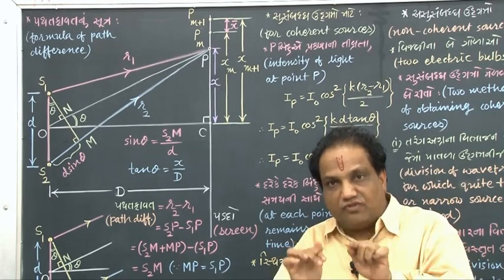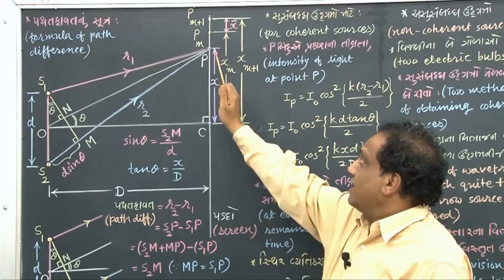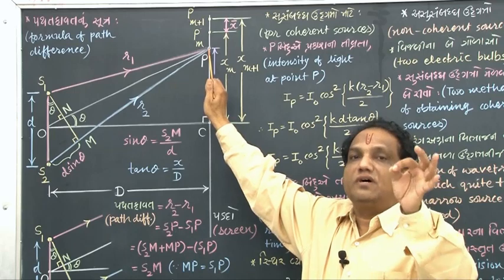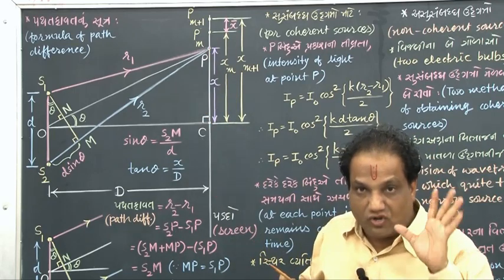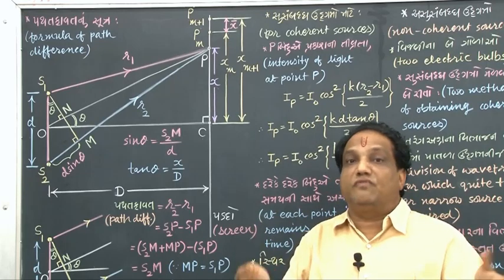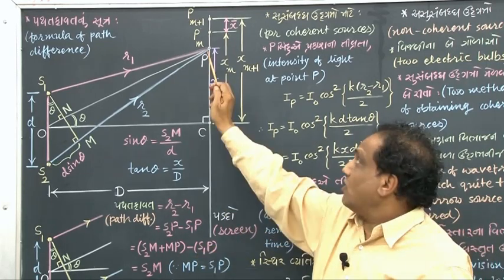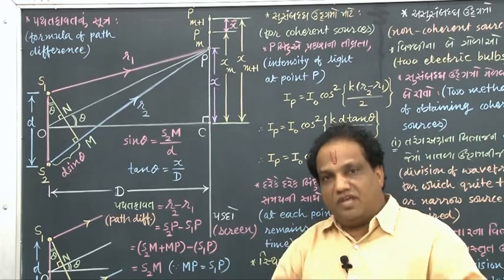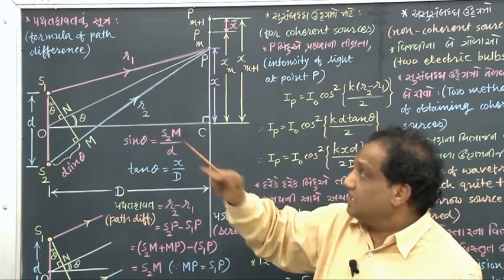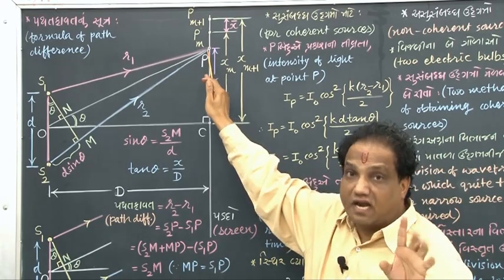Superposing waves will interfere, and depending upon the type of interference, we will have some value of intensity. If the type of interference is constructive, we will get maximum intensity and this point will appear as a bright point. If it is destructive, then because of zero intensity, this point will appear as a dark point.